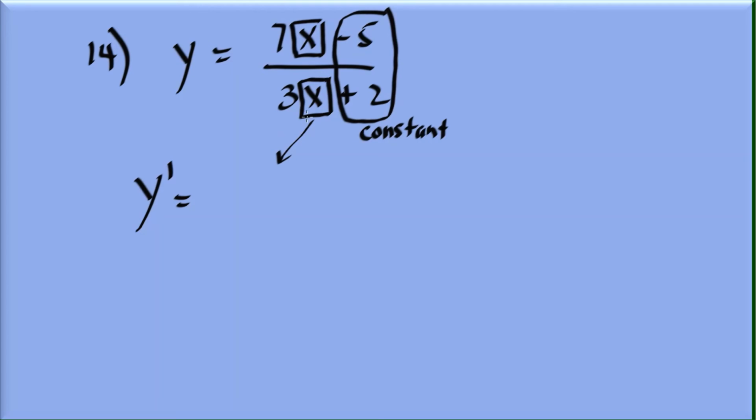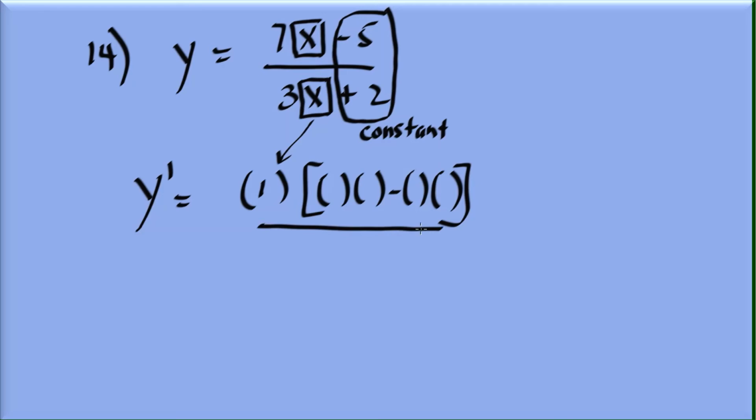very simple. What is the derivative of this variable x? 1, right? Now multiply that by the determinant AD minus BC, over that same denominator, 3x plus 2 squared. Again, this is AD minus BC.